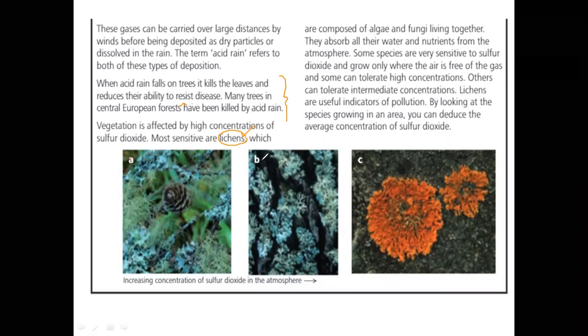Sometimes on tree trunks you can see algae and fungi making white colonies, right? So that is lichen. Because of acid rain, they can be destroyed. That is harmful for these organisms, algae and fungi.